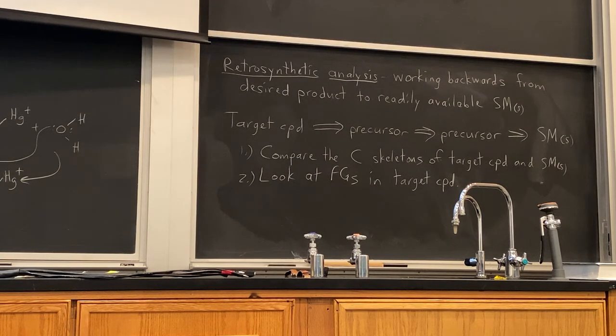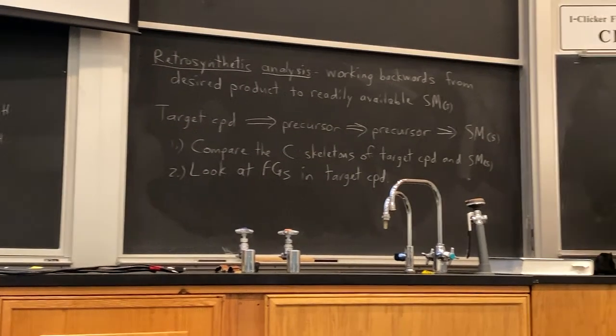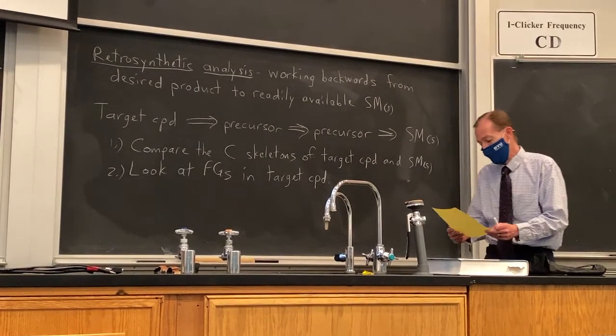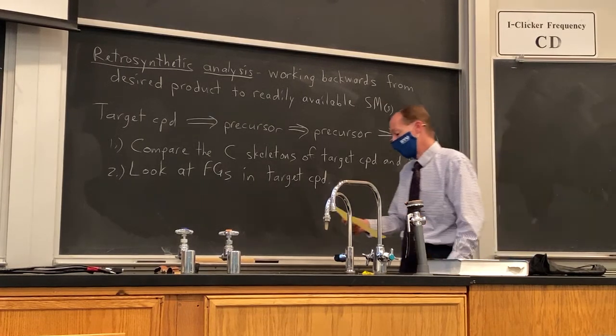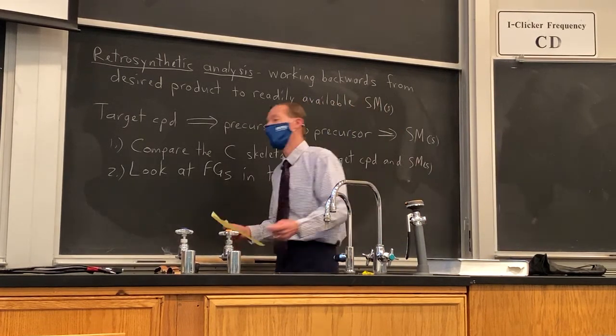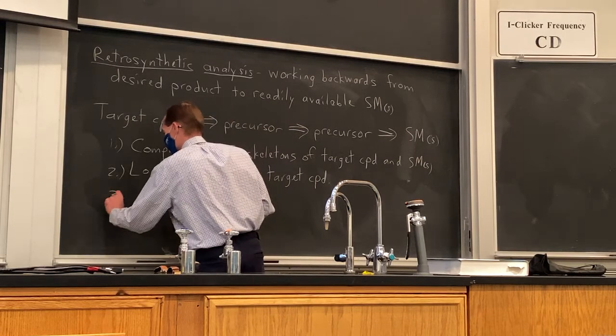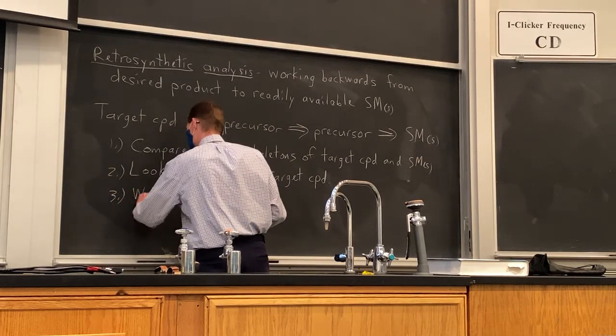If you have a vicinal dihalide, you're going to want to do a halogenation of an alkene. So you look at the functional groups and you ask yourself, what reactions have I learned for installing these functional groups? And so these two points will give you some hints and ideas of the reactions that you'll need to use in the synthesis.